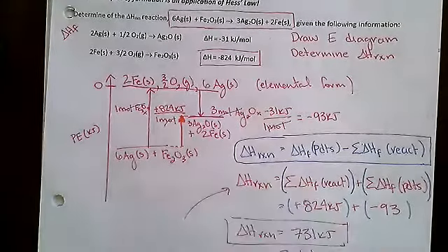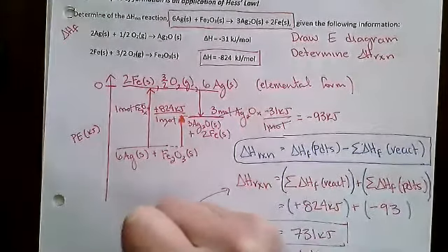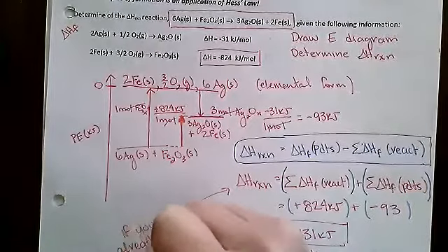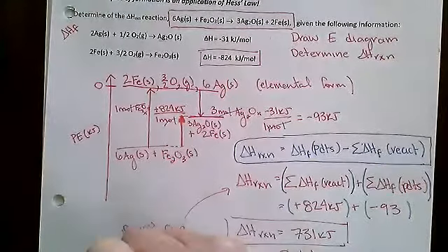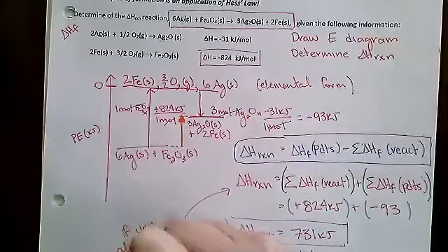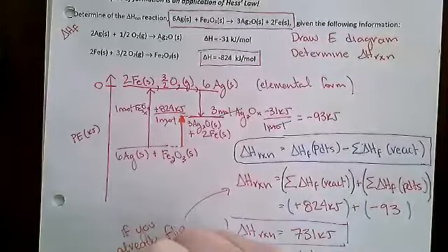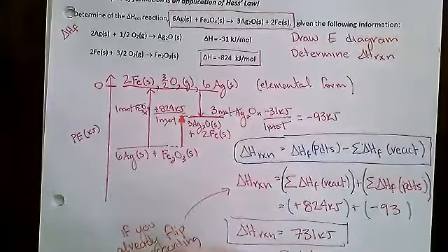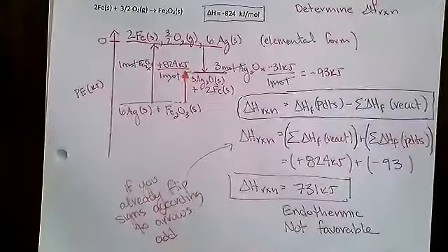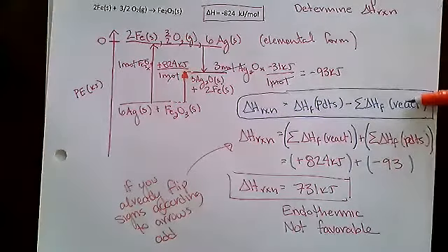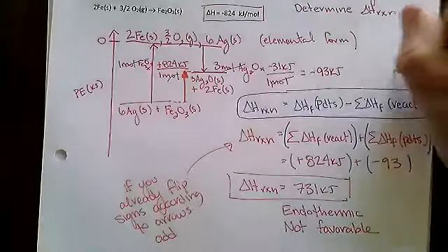So here, if you already flip the signs according to the arrows, then you add. Or you just take directly from the chart.